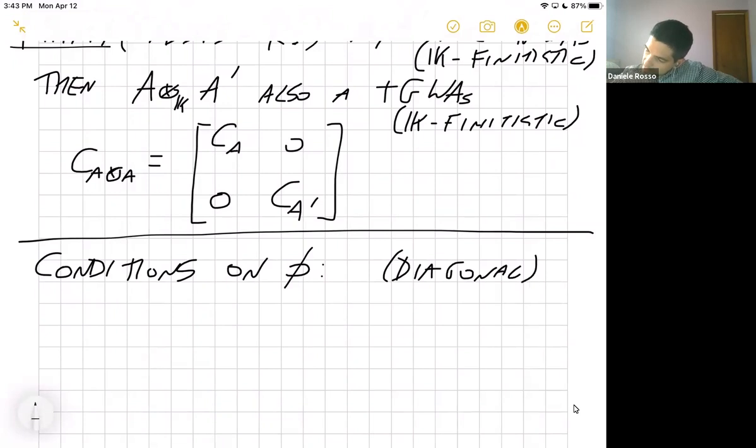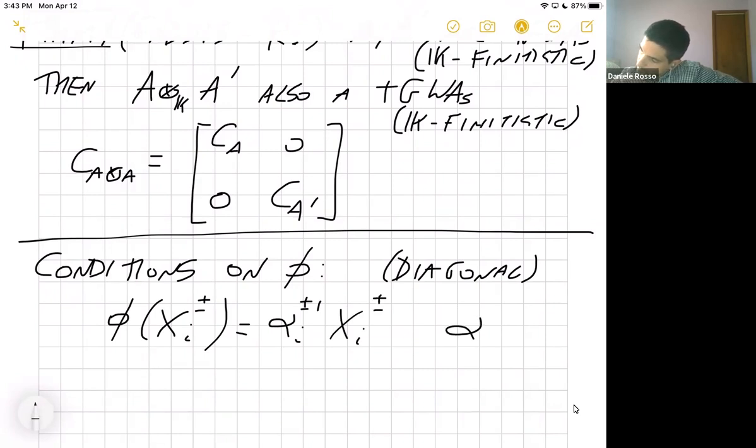What that means is that when phi acts on our generators xi plus minus, it should just rescale them by a root of unity. So alpha is an mi-th root of unity. I guess I should write that slightly differently: mi is actually the order of alpha in the multiplicative group, so it's the minimal such exponent.